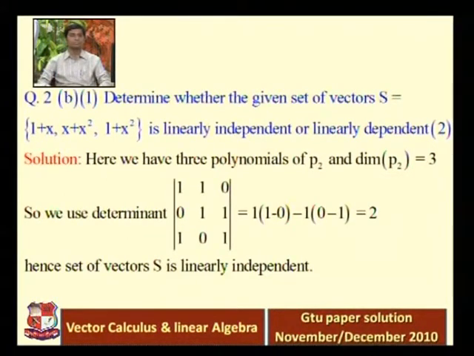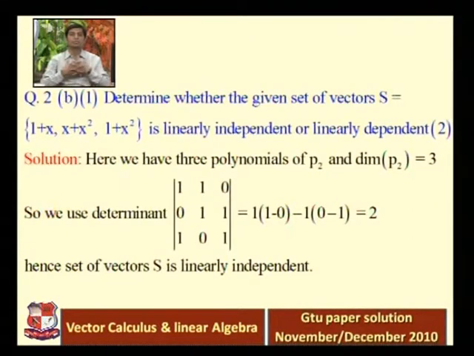Now we want to check whether these three polynomials of P2 are linearly independent or linearly dependent.